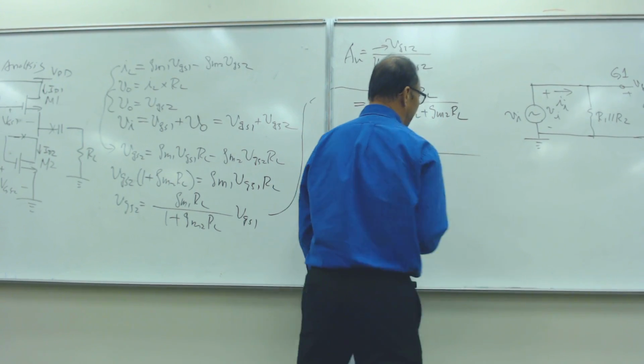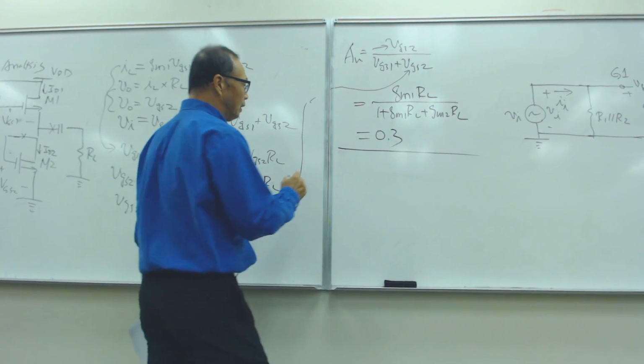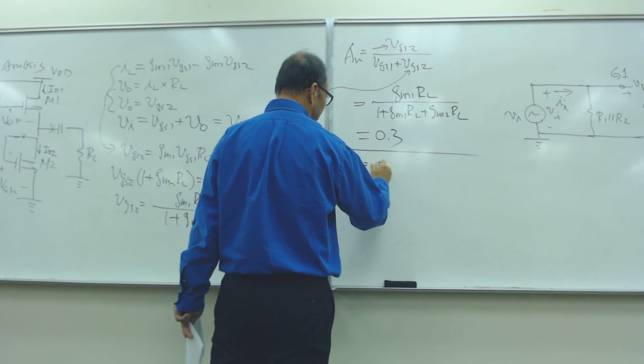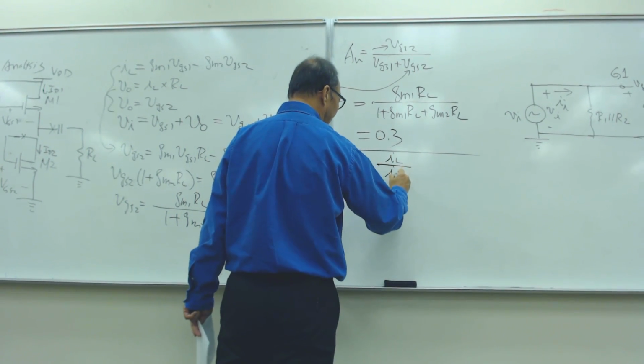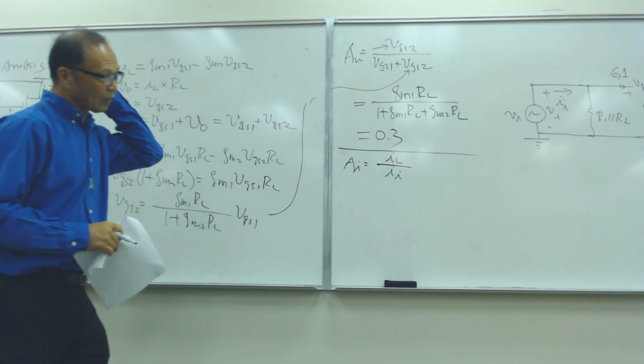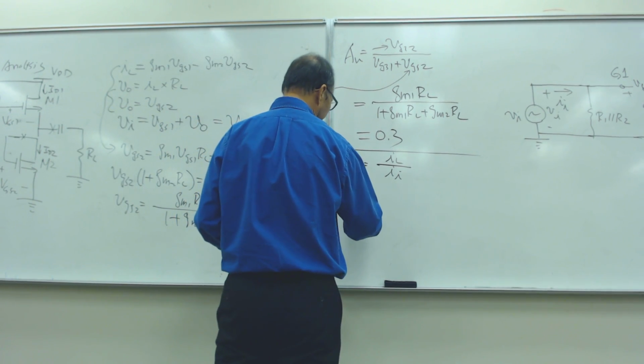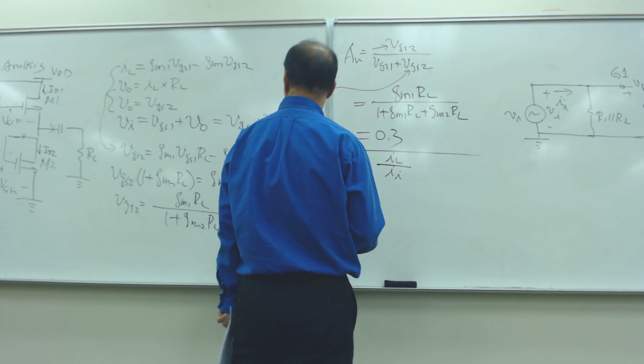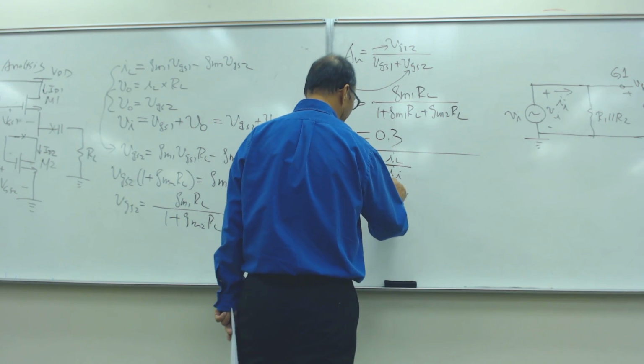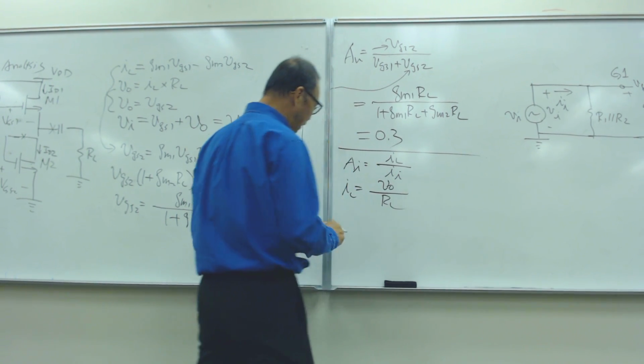So now for A sub I, which is equal to I sub L over I sub I, yes? Okay. I sub L could be just V sub O over R sub L, right? If you like.